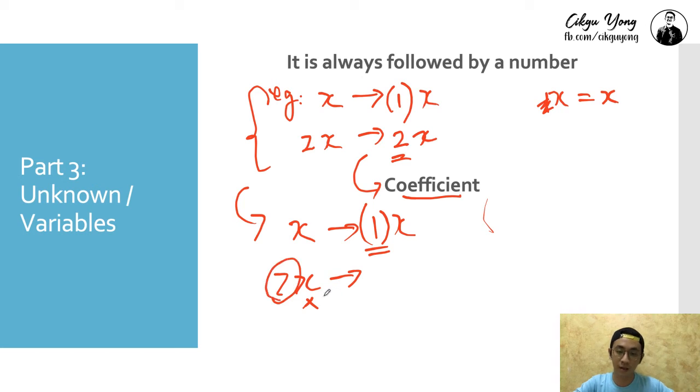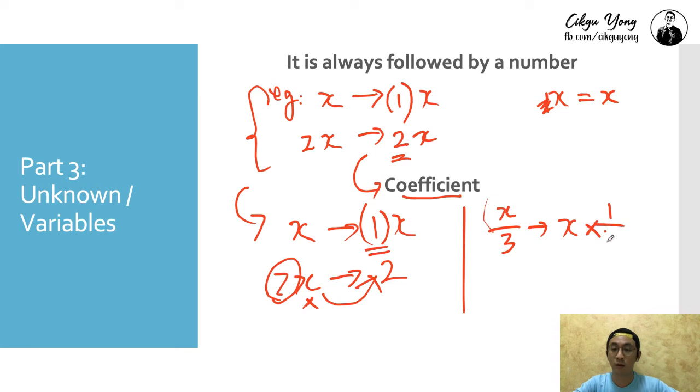This is the one that you have to bring to answer for coefficient. How about fraction? So example, X over 3. Yeah, so X over 3, we know that it is actually X times 1 over 3, and you'll get X over 3. So disregard your X, you will get 1 over 3. So this is the coefficient.